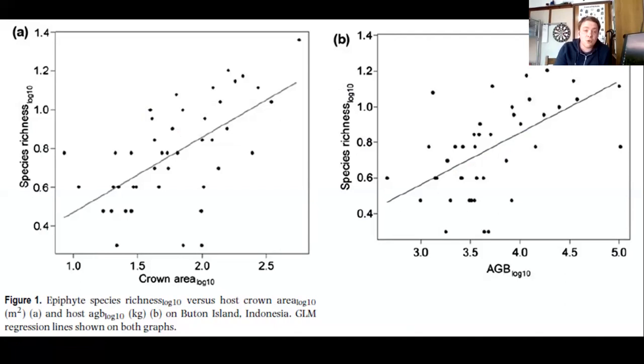Bigger trees have more things living on them. And it sounds really obvious, but it's very, very important to check that what happens on one side of the globe is also true on the other. And indeed, some other things didn't quite hold true. So there's ongoing debate about the effect of bark texture, for example, and we didn't find that on our site as being an important thing.